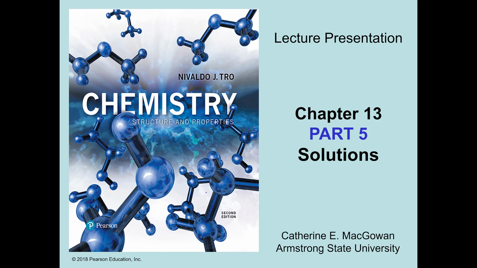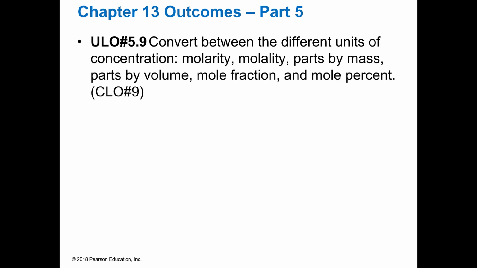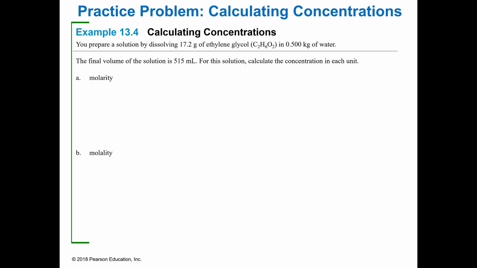In this one, though, we're going to actually continue doing some concentration calculations. And what we're going to do is give you a set of information, and then you're going to calculate concentrations 5 different ways by using the information that you're given, and also by knowing what other information you're going to need.